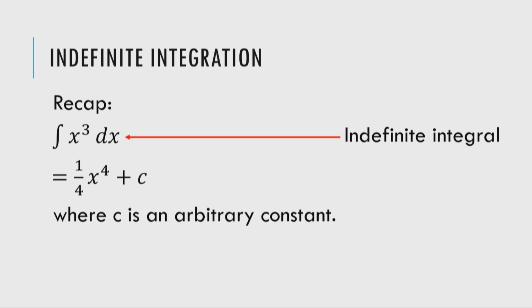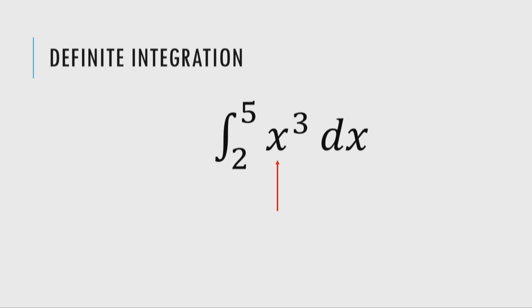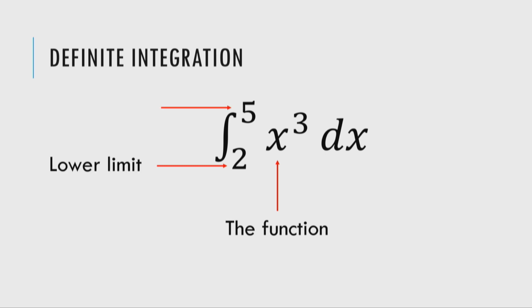Now, let's have a look at definite integration. You can integrate a function between two defined limits. The integral of a function x to the power of 3 with respect to x between the limits x is equal to 2 and x is equal to 5 is written as follows, where x to the power of 3 is the function, 2 is the lower limit, and 5 the upper limit.